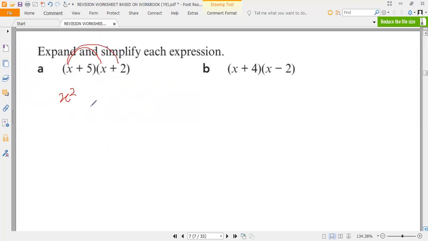X times positive 2, positive 2x. 5 times x, positive 5x. Positive 5 times positive 2, positive 10. So the final answer is x squared, 2x plus 5x is plus 7x, plus 10.